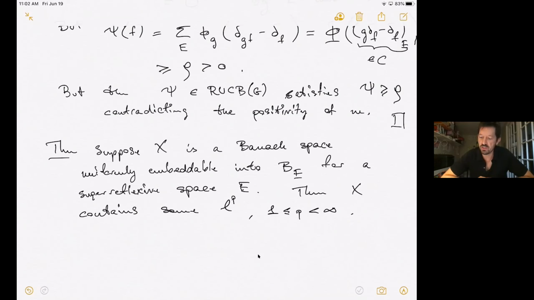And then you can use this action by linear isometries and combine it with results of Yves Raynaud regarding the analysis of superstable spaces, and then ultimately get this copy of little LP. So that's the idea.